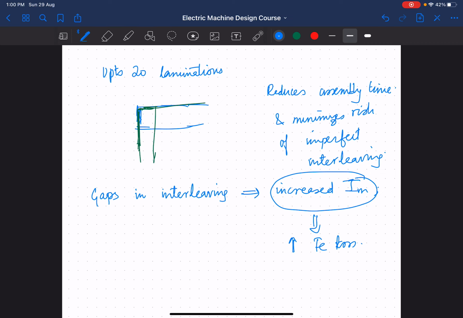So the gap in this interleaving should be around 1 to 2 mm only.